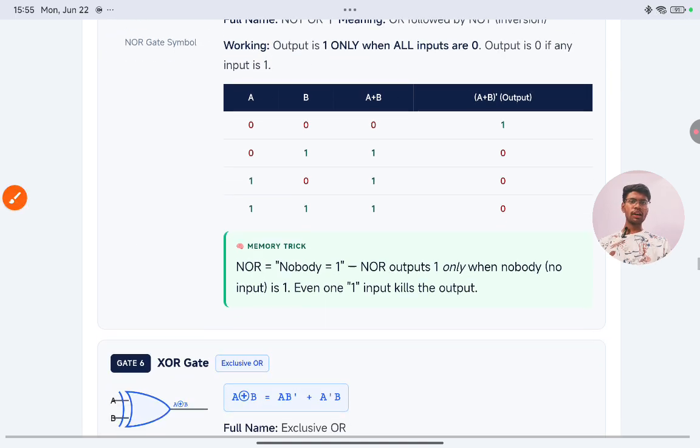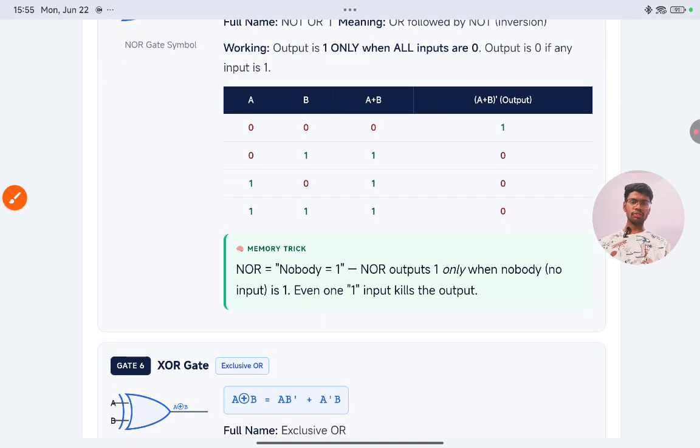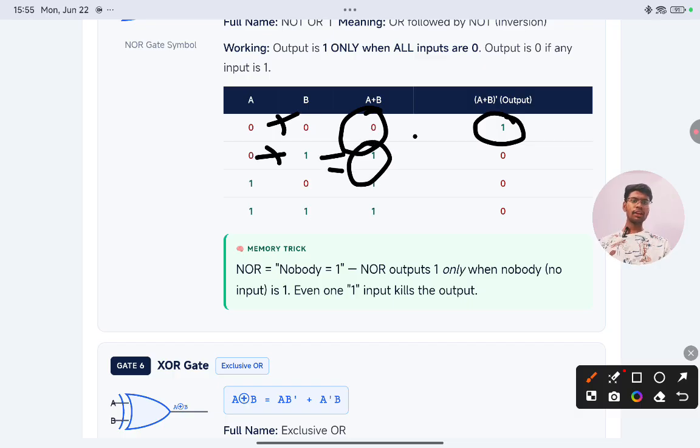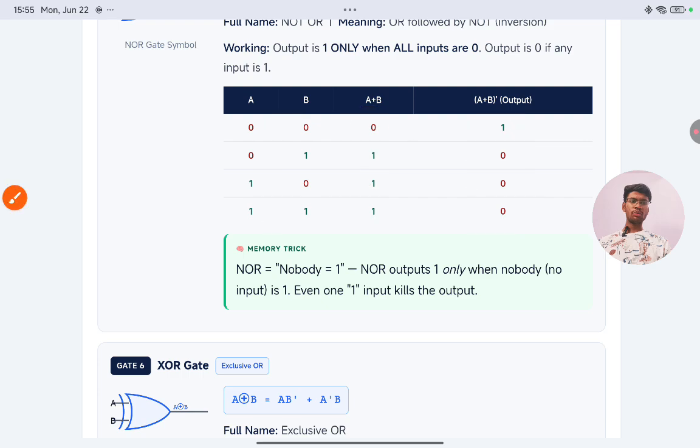And how does this work? When everything is 0, 0 plus 0 is 0, and if you do the complement of this, it becomes 1. And in the normal OR gate, even if one is 1, it will give 1. 0 plus 1 is 1, negated 0. 1 plus 0 is 1, negated 0. 1 plus 1 is 1, negated 0. Like that it works, right?